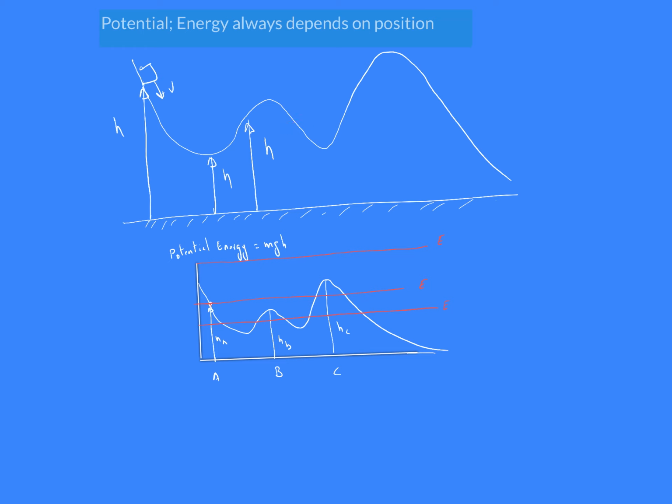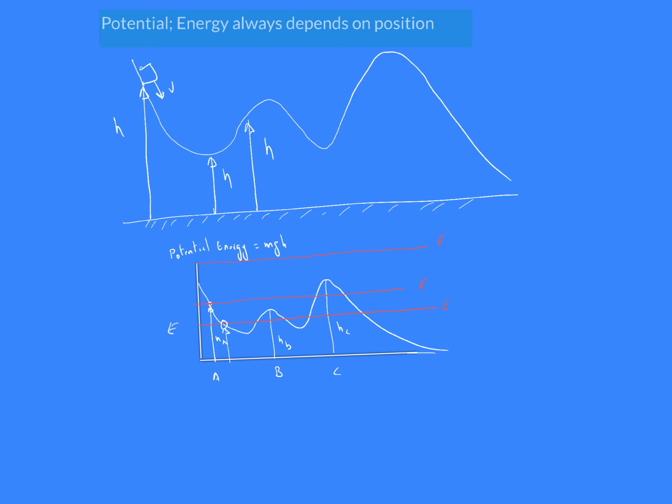Okay, so now imagine that you place the object with this total mechanical energy. If you place the object here with this mechanical energy, the object will have this potential energy.